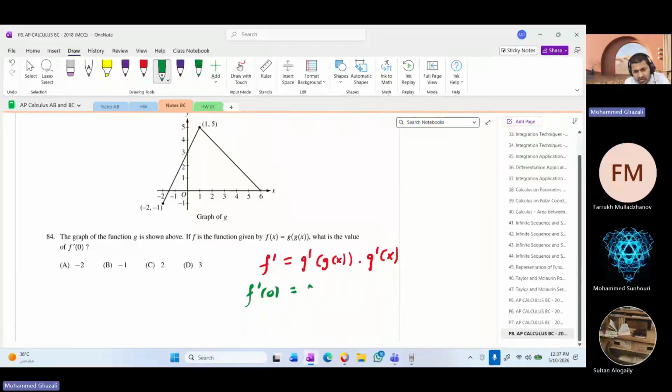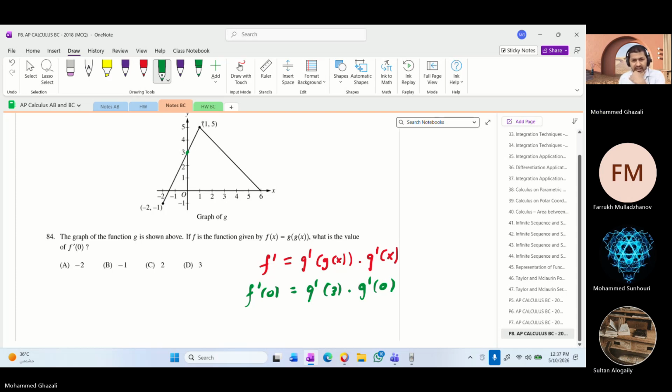F prime 0 is g prime of g of 0. What's g of 0? G of 0 is 3. And what's g prime 0? Now, very important. What functions are these? Linear functions, right? What does g prime 3 represent?